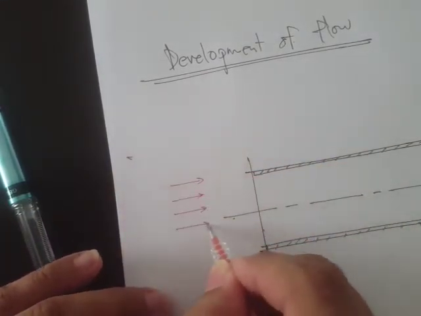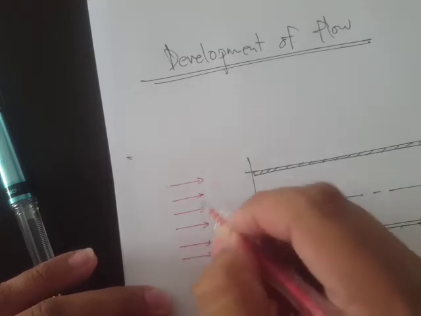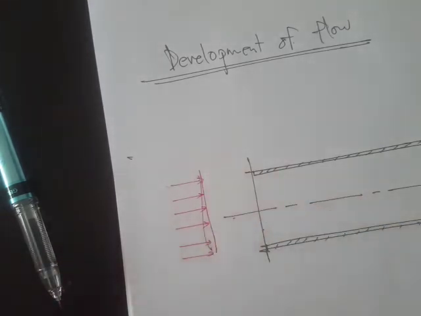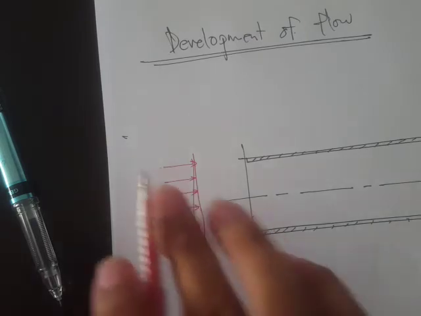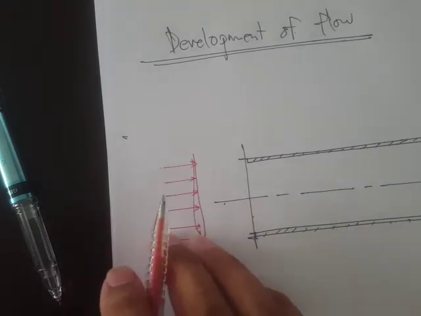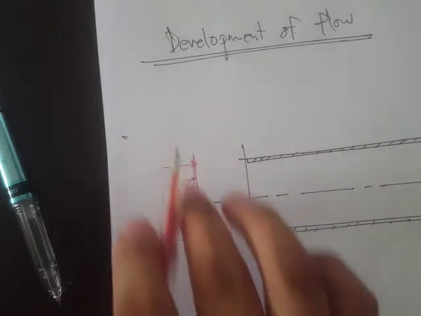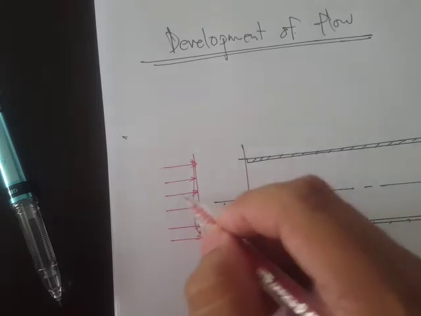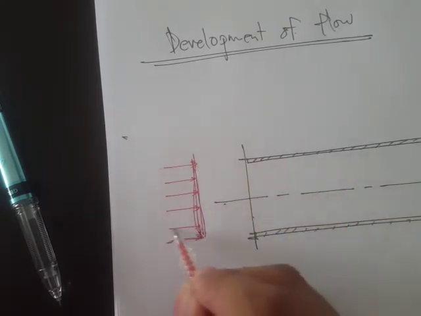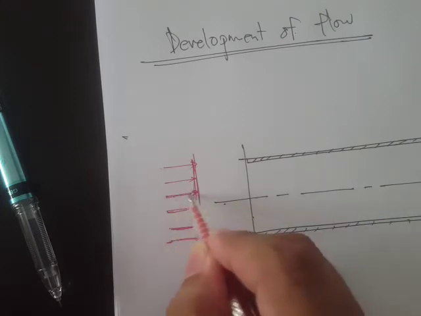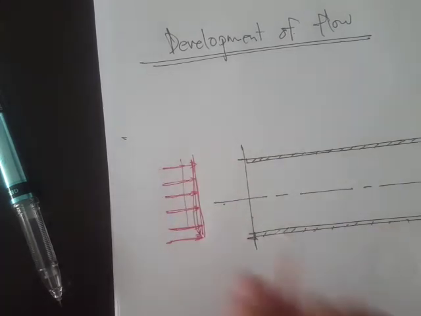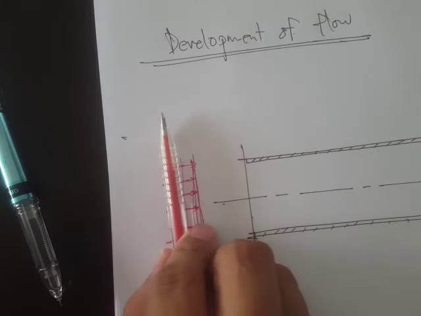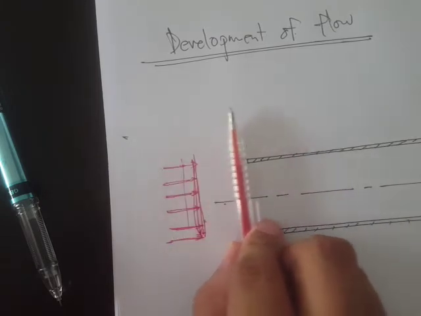There's a stream of fluid having a uniform velocity. When I say uniform velocity, the velocity is the same in all the y direction. So along the y direction it has the same velocity. Imagine that this fluid is moving and it's about to enter this pipe.